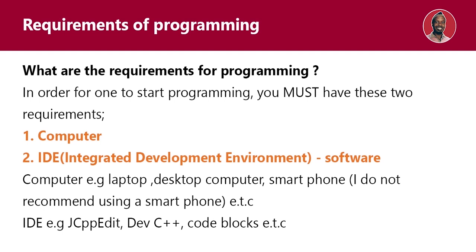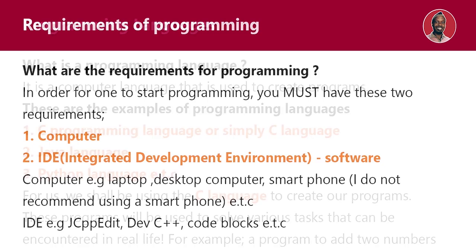For computer, we can have examples like laptops, desktop computers, smartphones, of which I do not recommend using a smartphone for coding. Then for the IDE, we can have examples like GCPP Edit, Dev C++, CodeBlocks, etc. All those are softwares or IDEs that we use for programming.